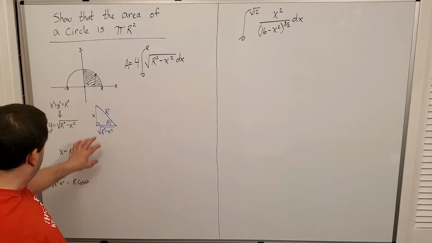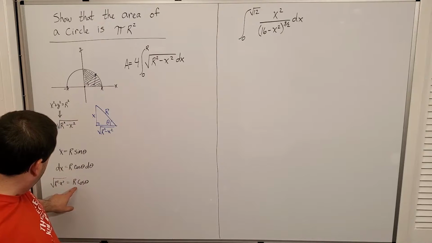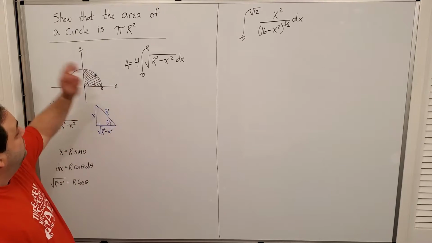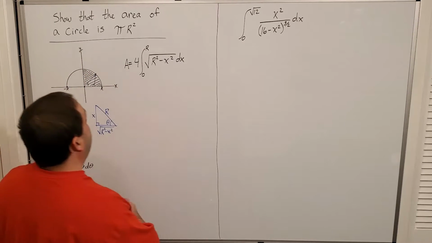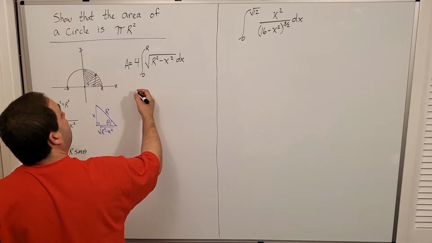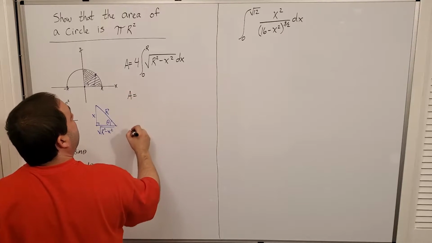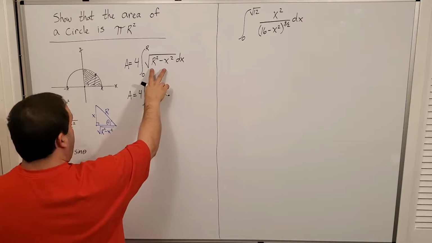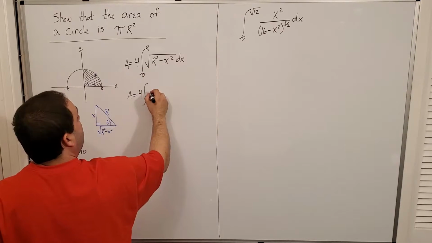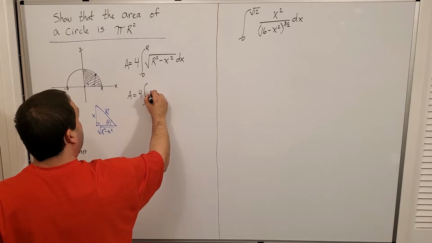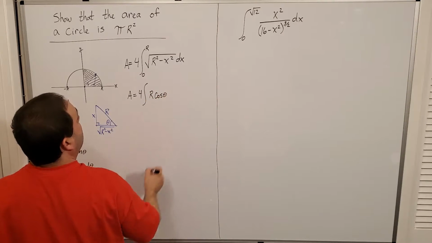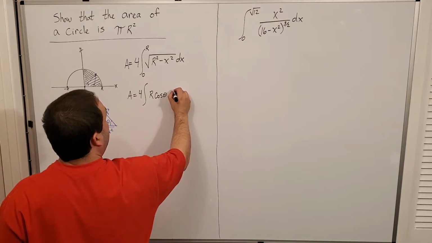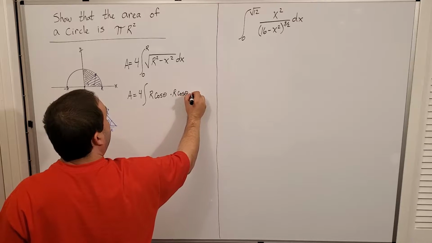That's just your basic adjacent over hypotenuse there. I just multiplied the r over. I'm going to use this to substitute into this integral here. So then I have that my area is equal to 4 times the integral. This radical right here is r times cosine theta, and then dx is also r cosine theta d theta.